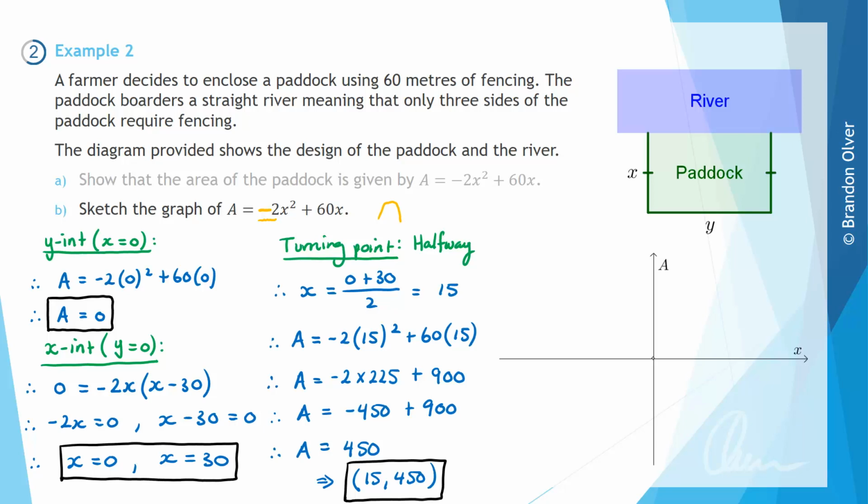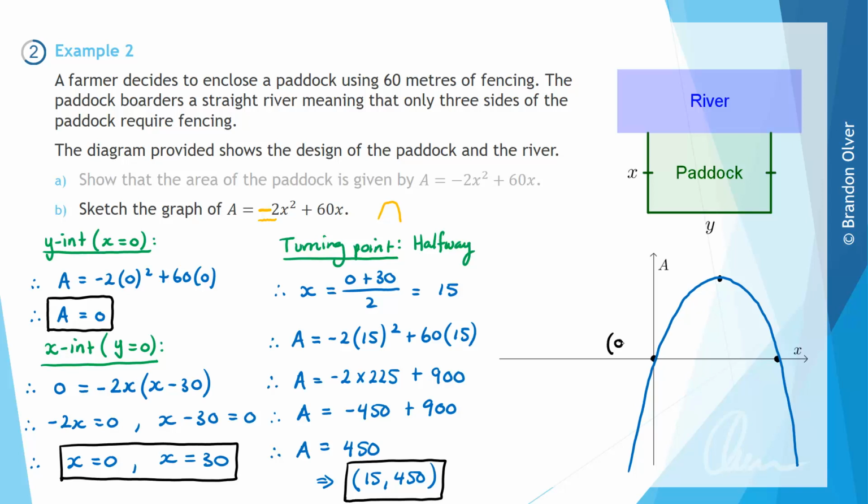So plotting the points, this is going to be 0, 0, and this point here is going to be 30, 0, and halfway in between we have 15, 450 as the turning point. And now joining all of those points with a parabola shape, we'll get this as our graph.